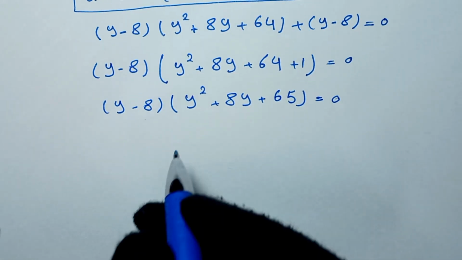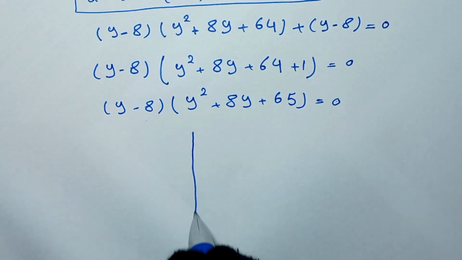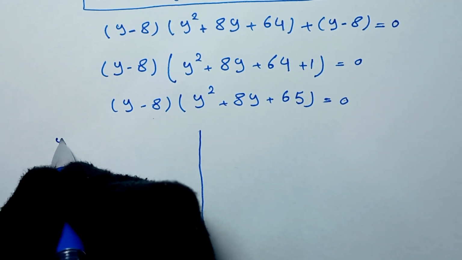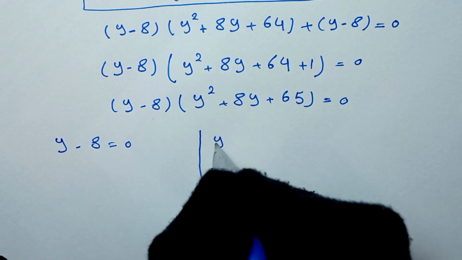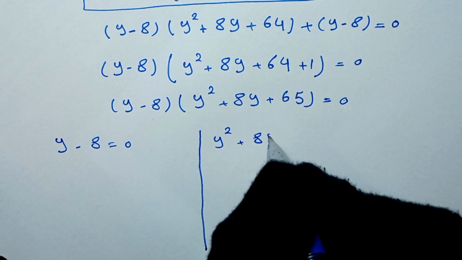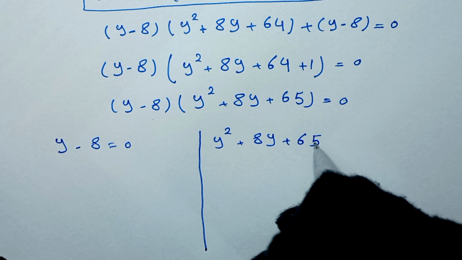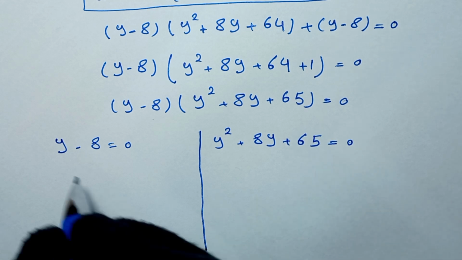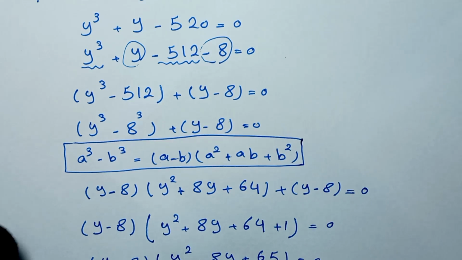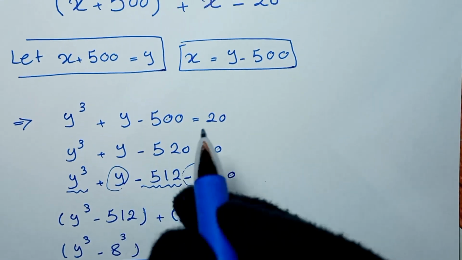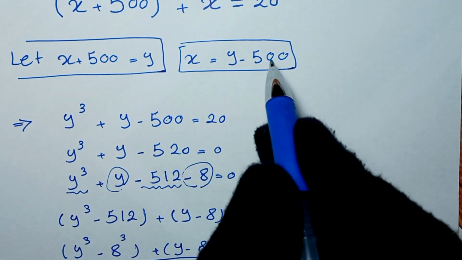Here, we have two cases for y: y minus 8 is equal to 0, and y squared plus 8y plus 65 is equal to 0. Here, y is equal to 8, and we recall that x is equal to y minus 500, right?